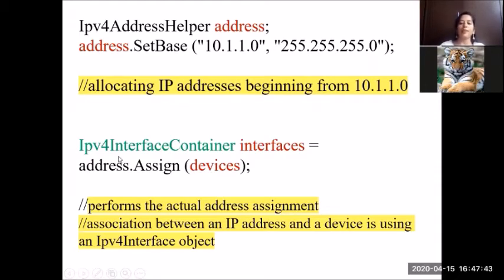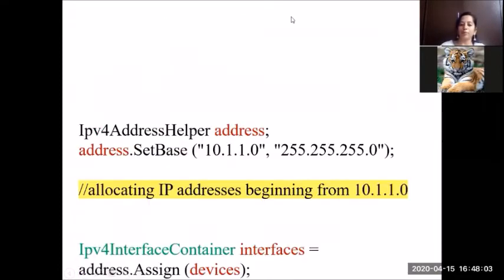I need not write it specifically. If I had to do all this on my own in C++, I would have to write at least 5 to 6 lines or nearly 8 to 10 lines of code. Now, just using this helper class and this method address.assign, it will automatically do that job.